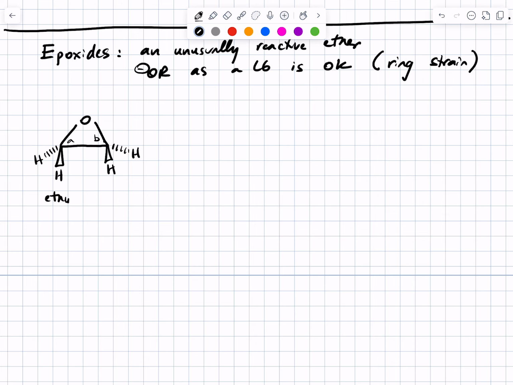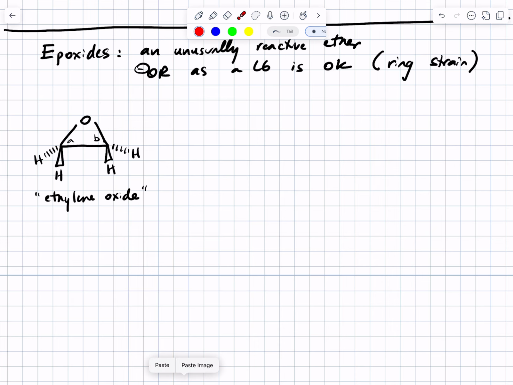We won't worry about how to name epoxides. There is a strategy for that, but we don't generally care. This one's called ethylene oxide because it's like you took ethylene, a carbon-carbon double bond, and then just stuck oxygen on it. We will learn how to make epoxides. There will be 2 strategies for making epoxides, but we won't quite do that yet.